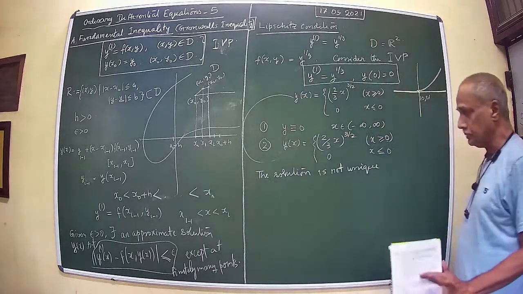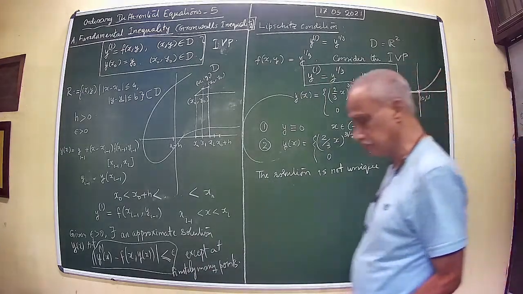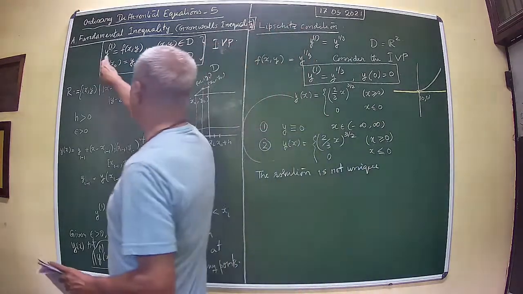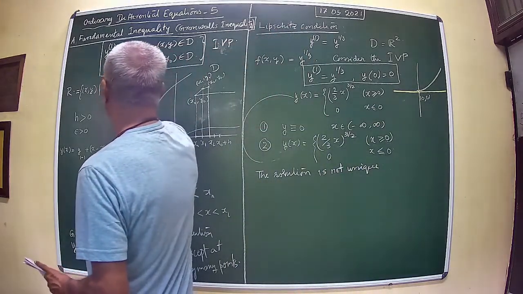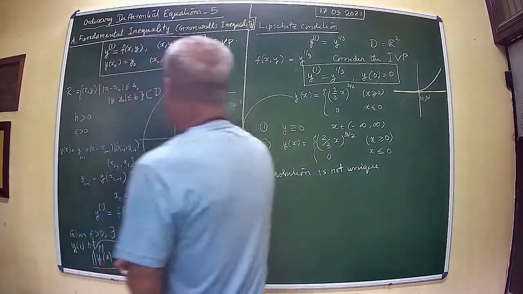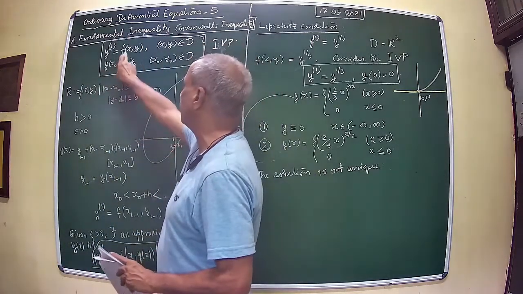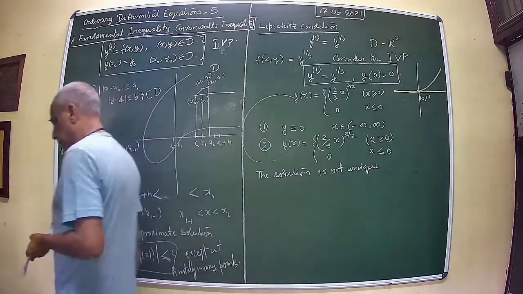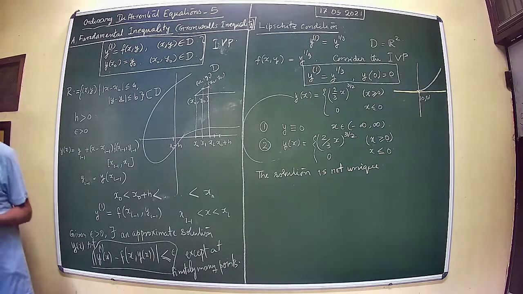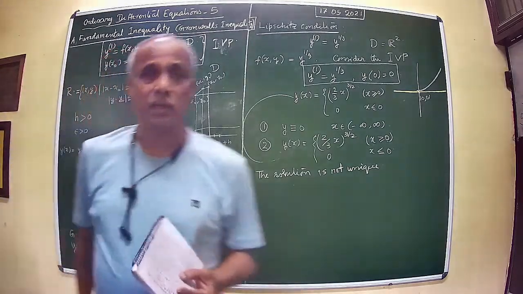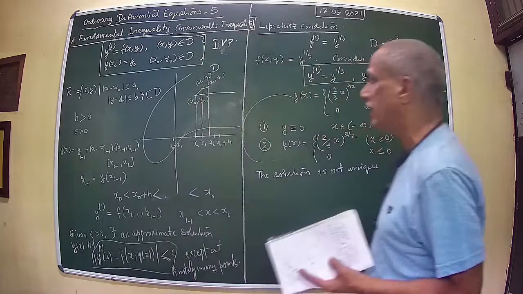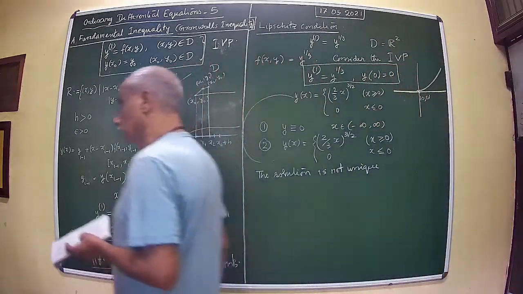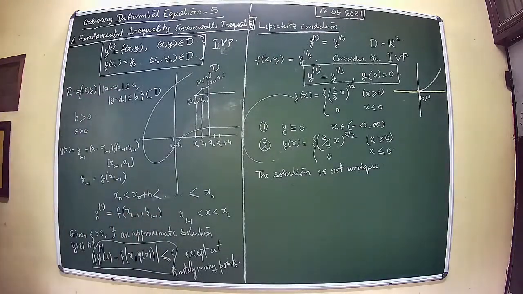So the moral of the story is this: if you have an initial value problem, y derivative equal to f of x, y, y of x naught equal to y naught, with the assumption that f of x, y is continuous on the domain D, then with an initial condition you may or may not be able to get a unique solution.